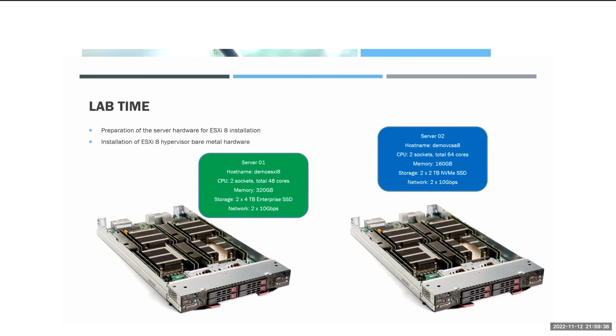So the minimum requirement would then be 32 GB of RAM if you want to install vCenter Server and practice the ESXi installation as well. So 32 GB would be required for just a learning purpose, not for the whole training purpose. So these are the two server hardware and these are their specifications.